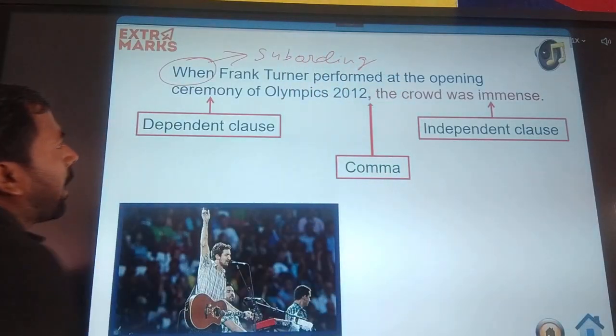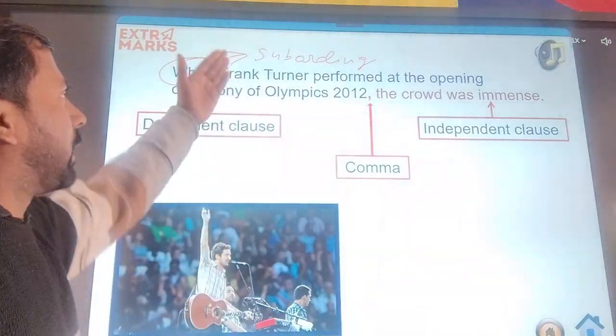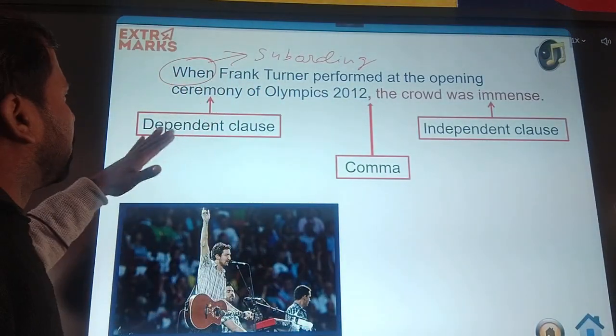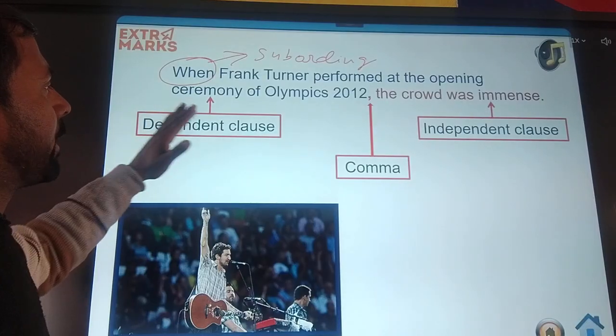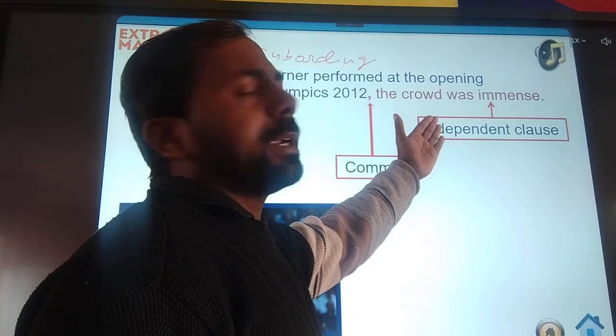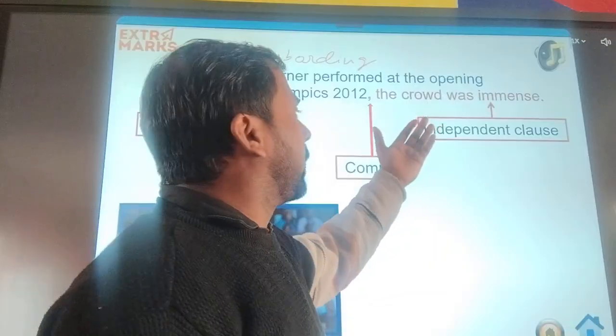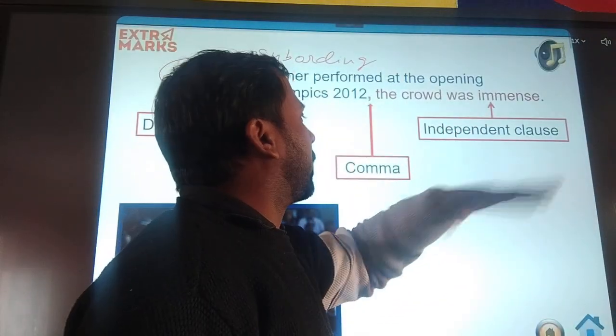When a sentence has a subordinating conjunction, that part will be the dependent or subordinate clause. And a clause that has no need of another clause will be the independent clause.